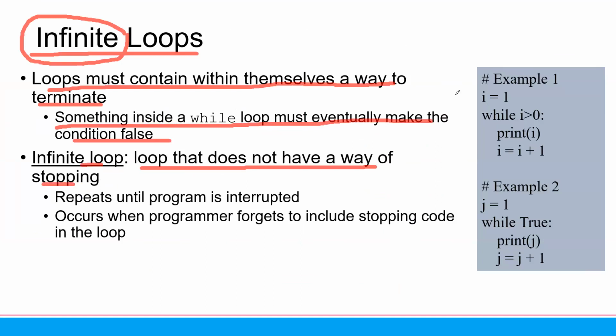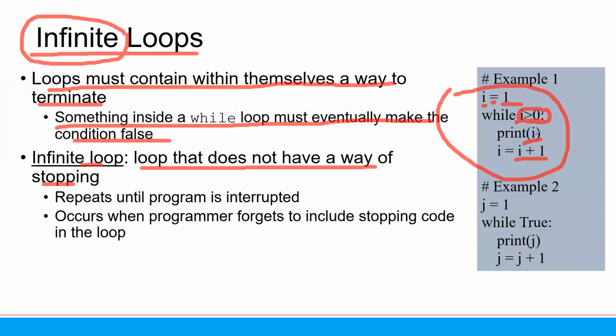For example, this one will be an error, right? I equals 1. While I is higher than 0, is it true? Yes. So we will print I, and I will be added by 1.